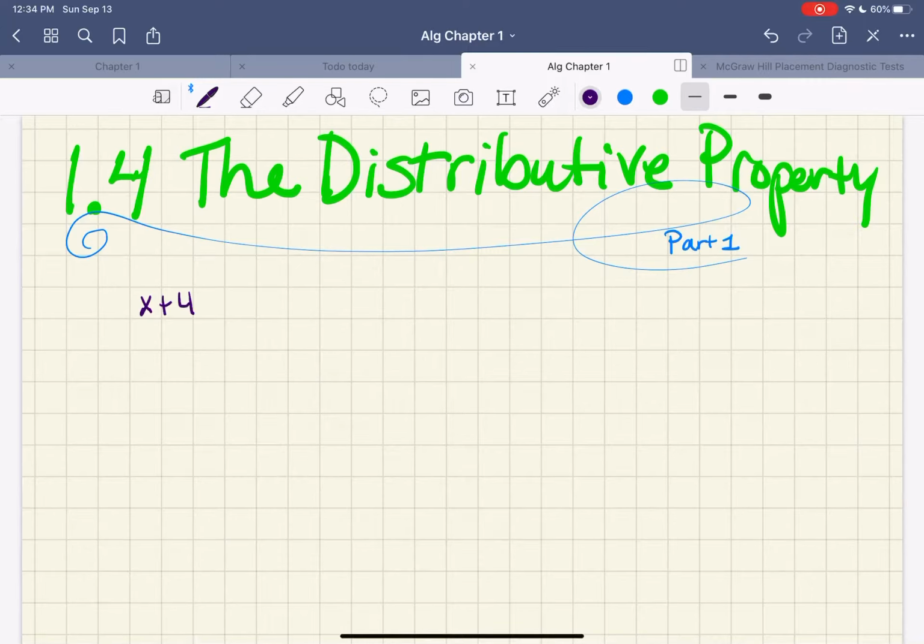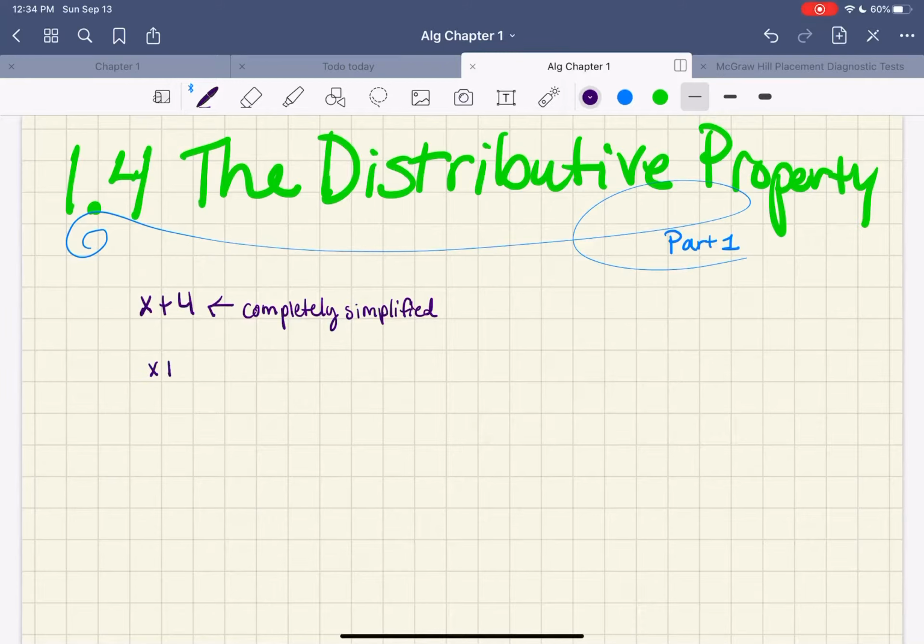I cannot simplify further, so I'm going to say completely simplified.